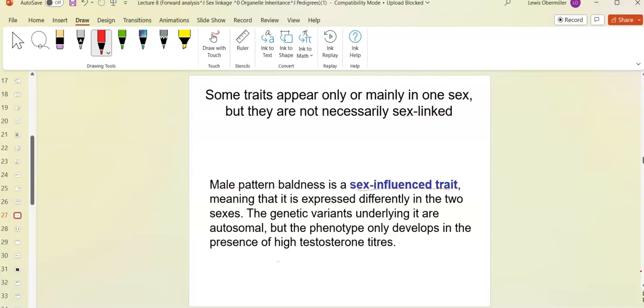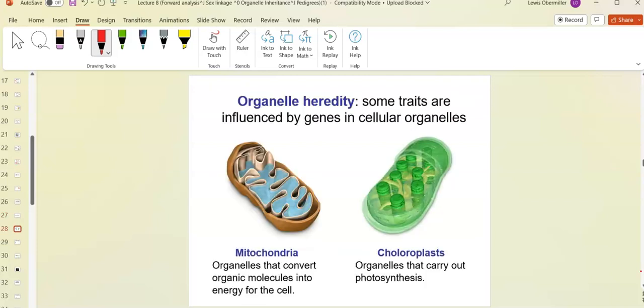In male pattern baldness, this is related to high levels of testosterone, rather than something found on the Y chromosome or the X chromosome.